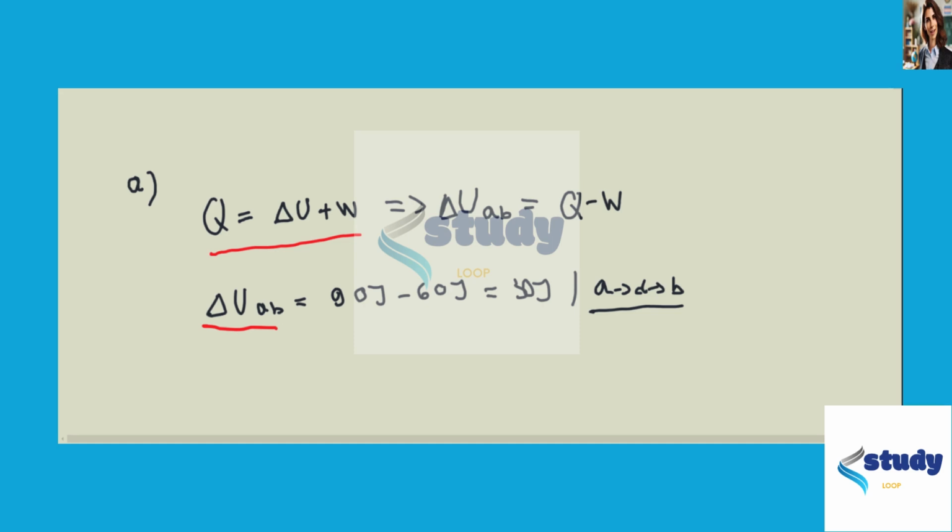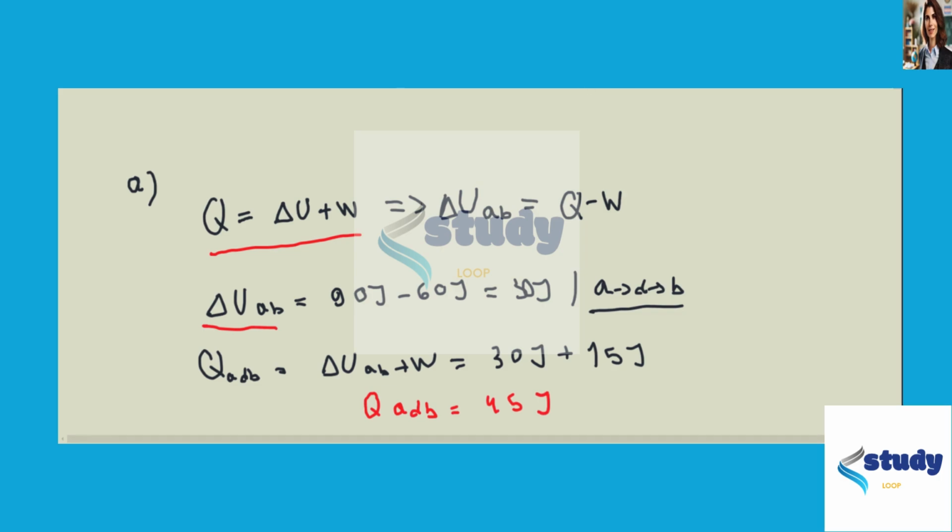So Q ADB equals delta UAB plus the work corresponding to it, and this is going to be 30 joules plus, now substitute the work done, which is 15 joules, and the final answer is Q ADB equals 45 joules. And this is for the part A of the problem.